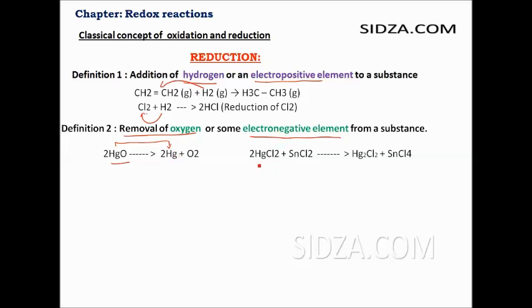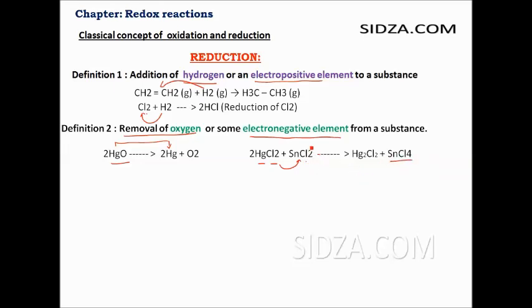Suppose we have HgCl2, mercury with 2 chlorine atoms. Now if you remove one chlorine, you get mercury with one chlorine atom. So removal of an electronegative element is again reduction, and that chlorine goes to SnCl2, which forms SnCl4.